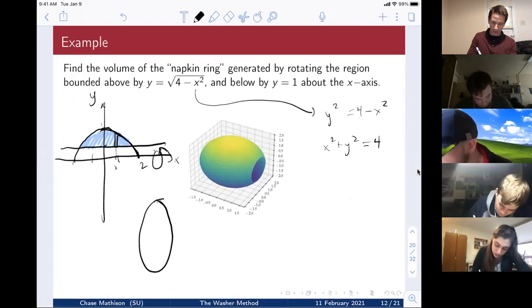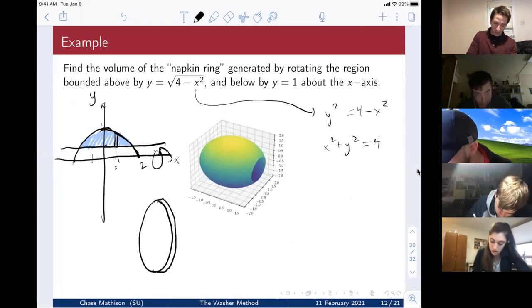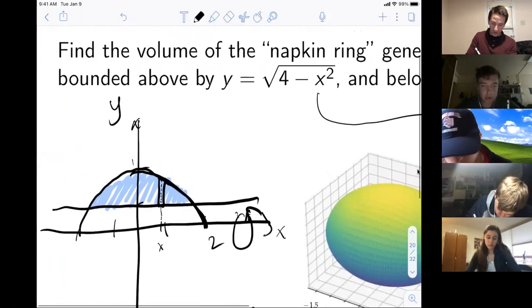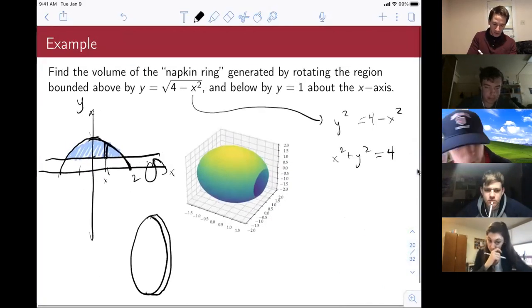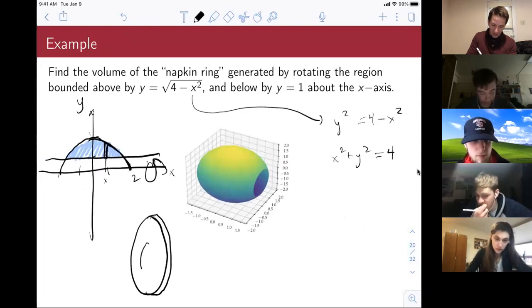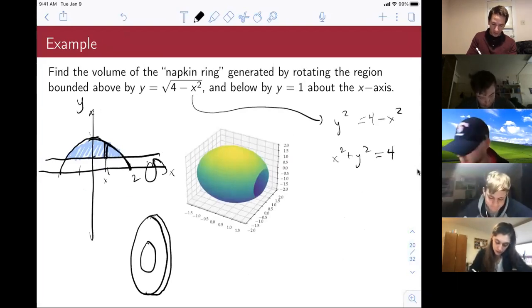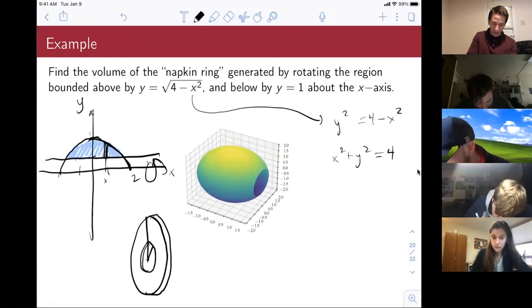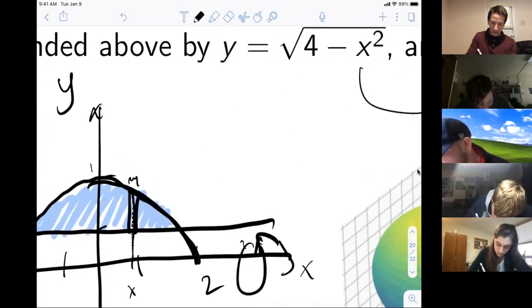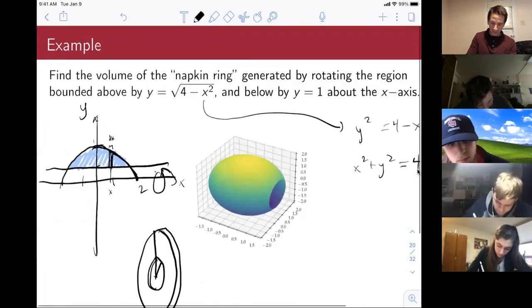Well, we're going to get a big disk from when that curve is rotated around the x-axis. But then we're always going to have that gap on the inside, right? So we have some inside radius and some outside radius, and I'll call the width of this thing dx.